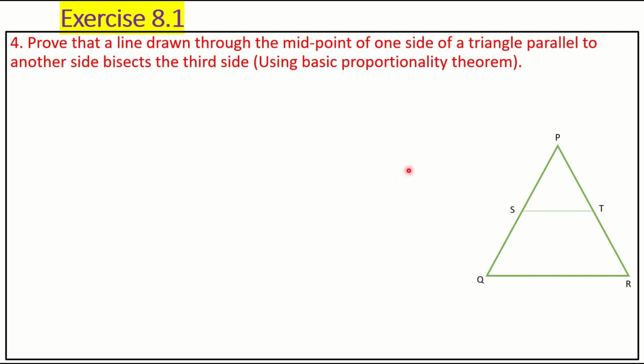What is given is PQR is a triangle and ST is a line. It is given that PS equals SQ, because S is the midpoint of PQ. Now ST is parallel to QR. We have to prove that T is the midpoint of PR.